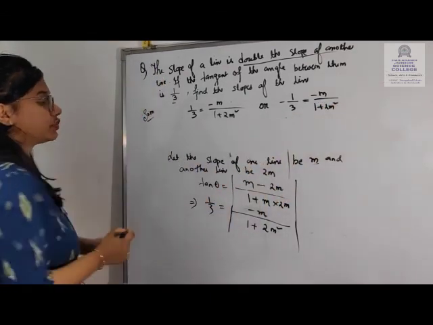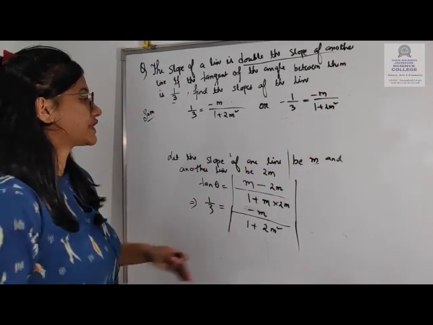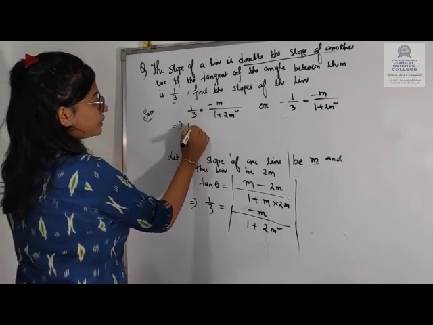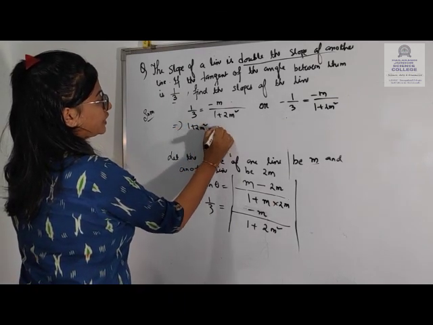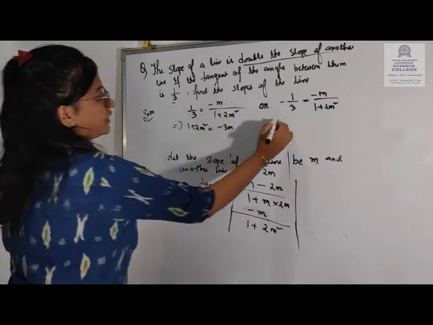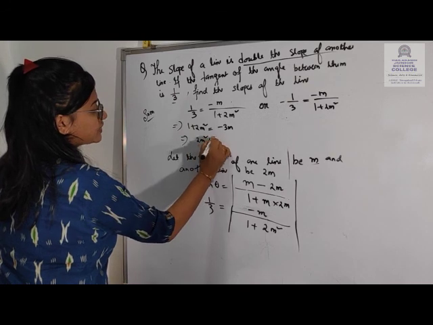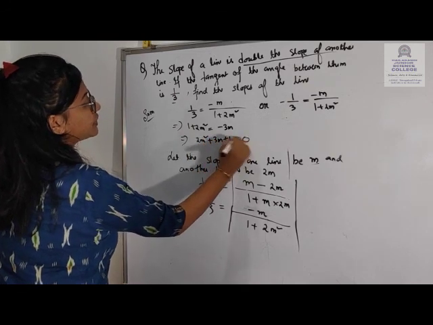Why have I taken two parts? Because I have removed the mod sign. So one part will be positive and one part will be negative. So 1 plus 2 m square is equal to minus thrice m, and we can write twice m square plus 3m plus 1 is equal to 0.